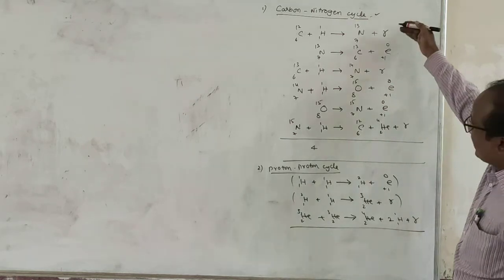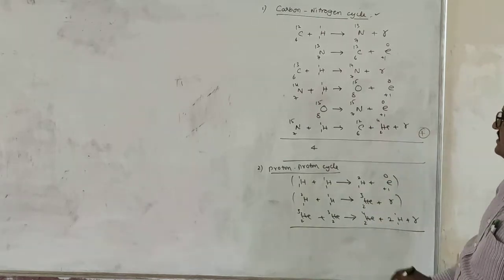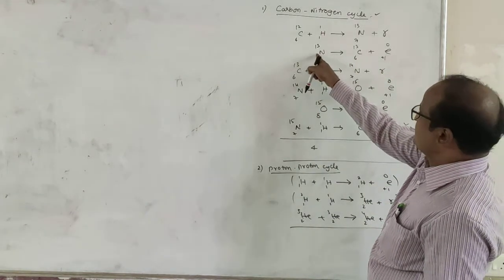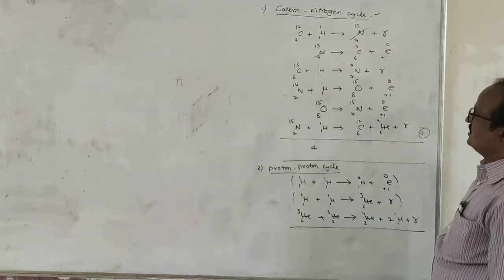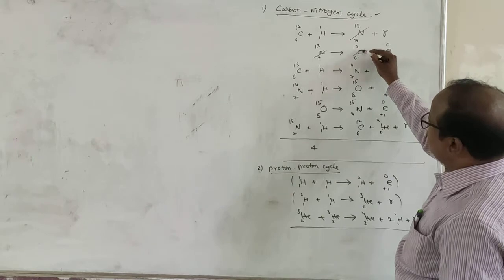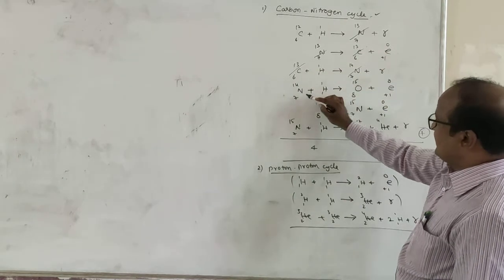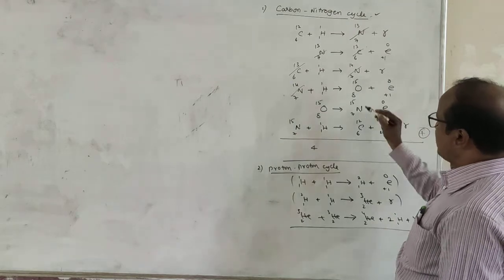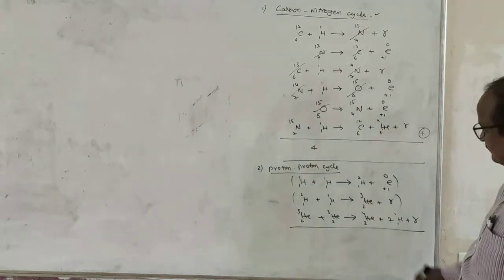So, on adding all these reactions, we get, see here, nitrogen-13 and nitrogen-13. These two cancel. These are reactants, these are the products. Carbon-13 and carbon-13. Nitrogen-14 and nitrogen-14. Oxygen-15 and oxygen-15 on two sides.